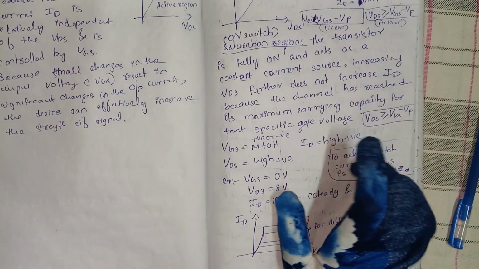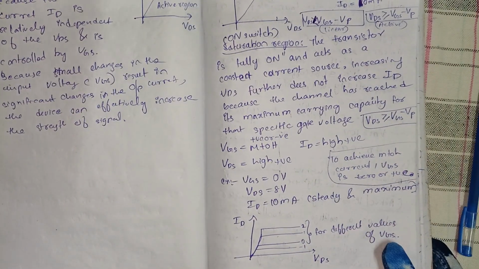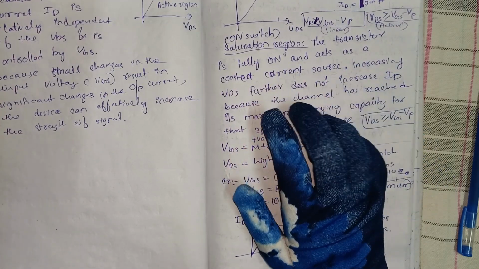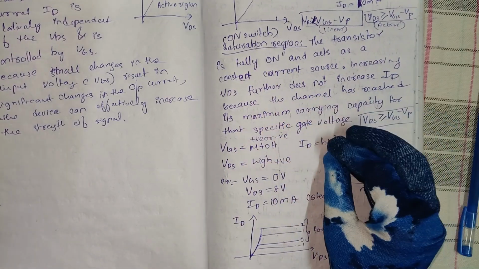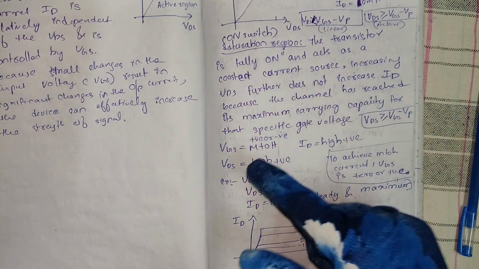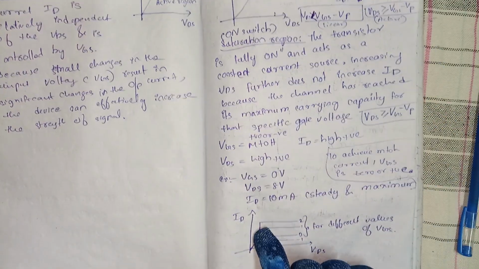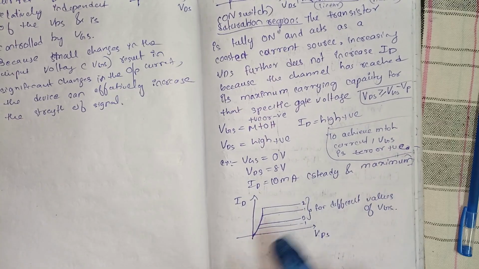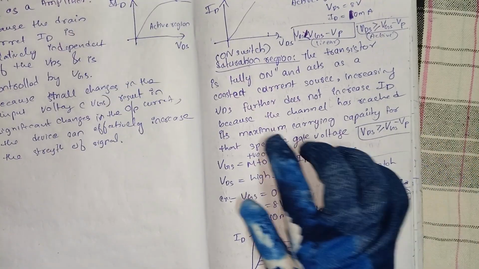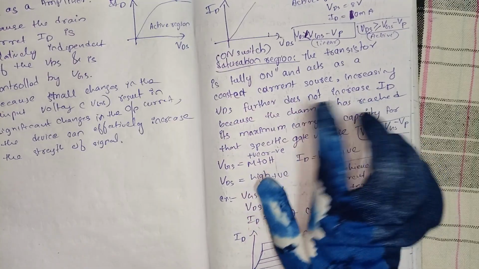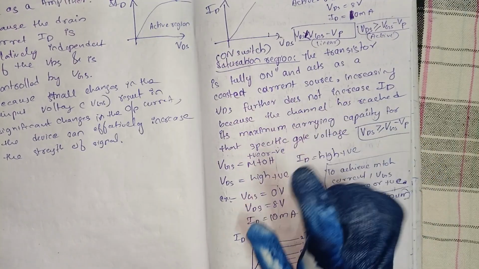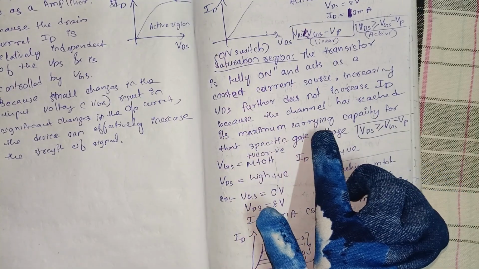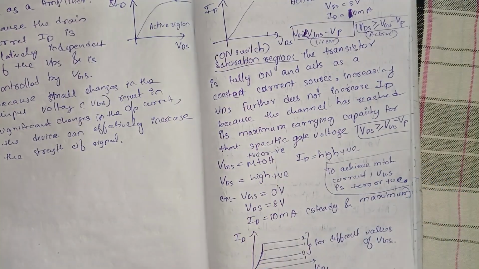In this region the current increases and then becomes constant. That's why the lines are like this. Further increase in VDS does not increase ID.